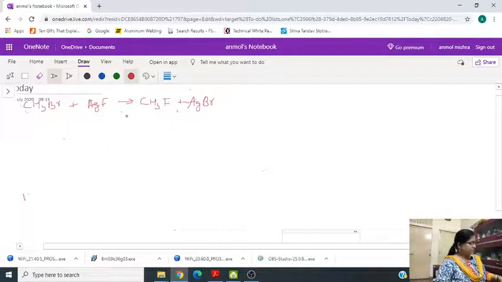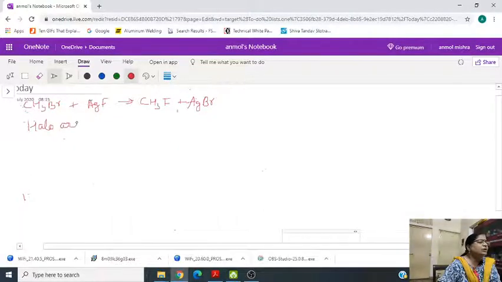Next is method of preparation of haloarenes. Now, haloarenes can be prepared by electrophilic substitution reaction.